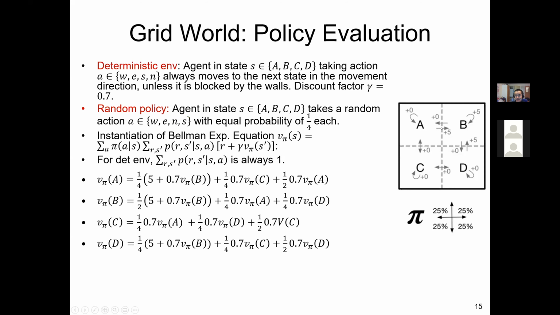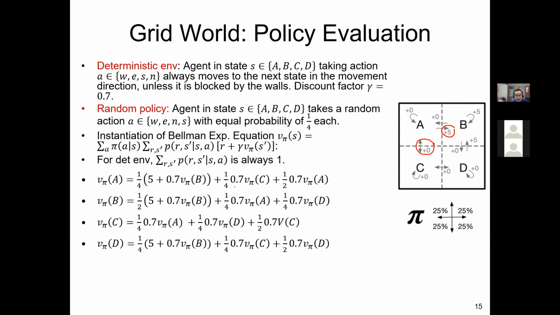For east action, you're going to B, and for south action, you're going to C, and C has reward 0 plus 0 here. So if you're going to B, you have a +5.